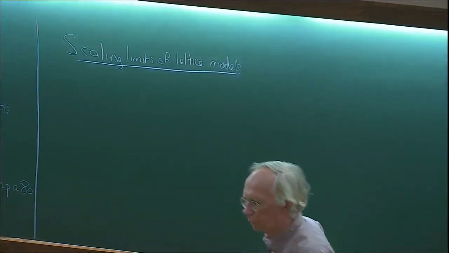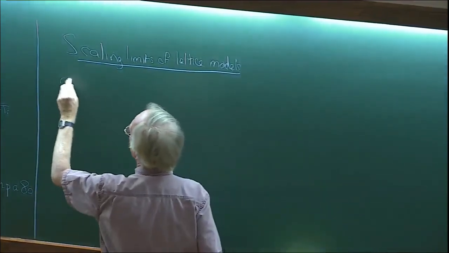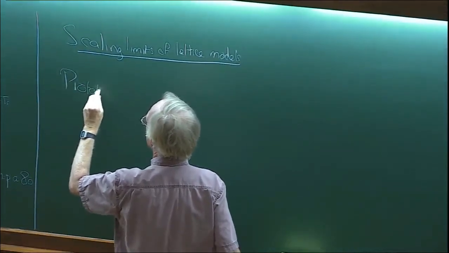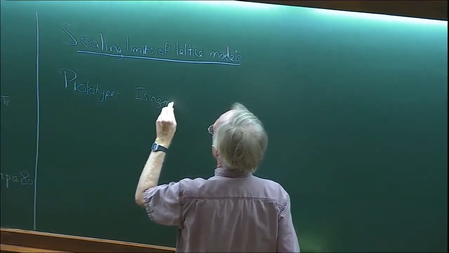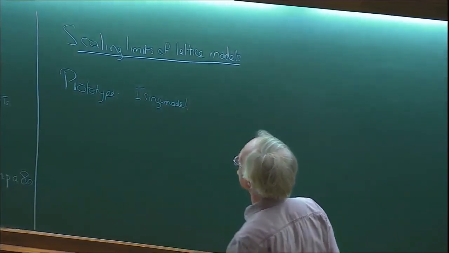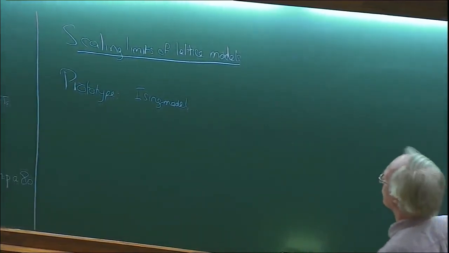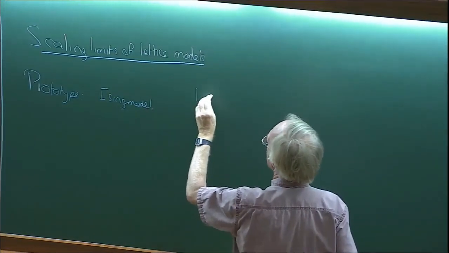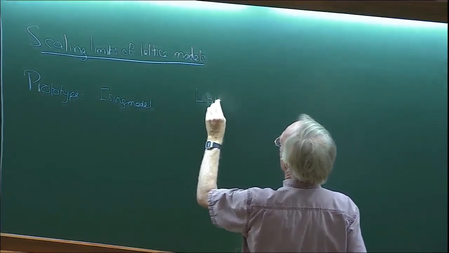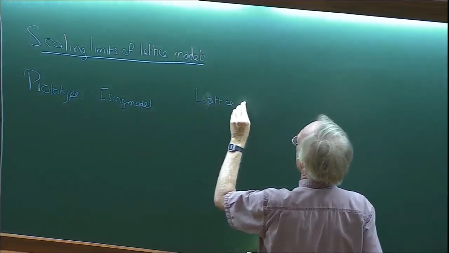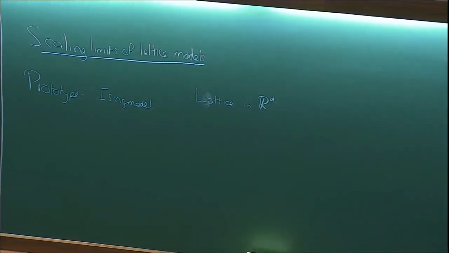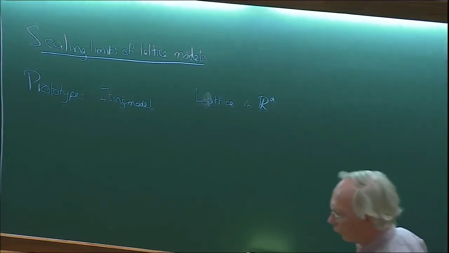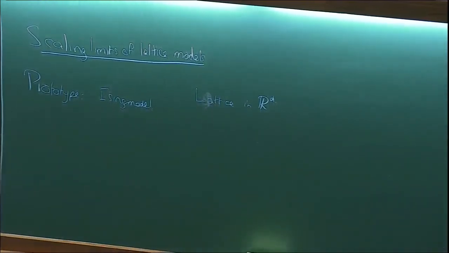So the prototype lattice model is, of course, the Ising model. Just to remind you what that is, we take a d-dimensional lattice, a lattice in R^d, in d-dimensional Euclidean space. I'll almost always be working in d-dimensional Euclidean space.